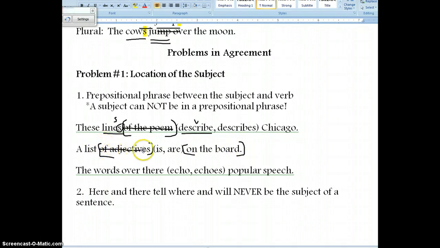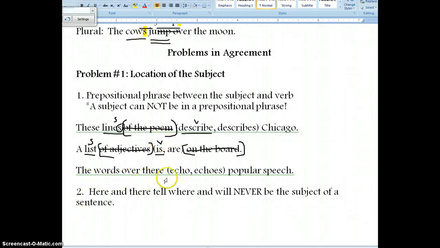Mark it out. They are prepositional phrases. They will not help you in subject-verb agreement. So now, what do you have left? You have a list. So list is your subject, and that leaves your verb. List is singular, so we want the singular verb, which would be is. That's the verb.